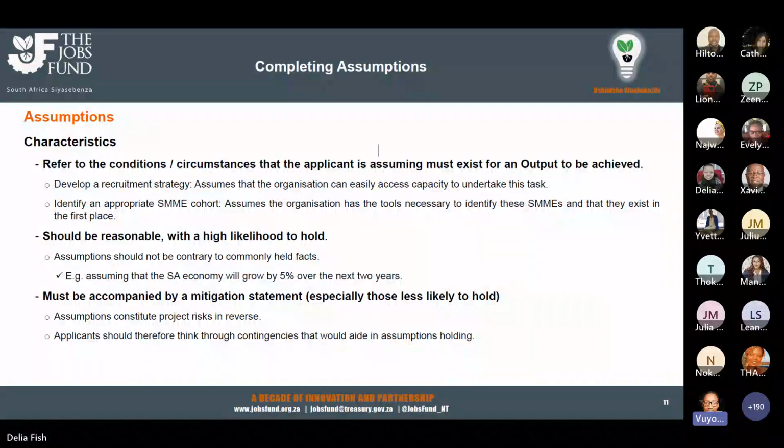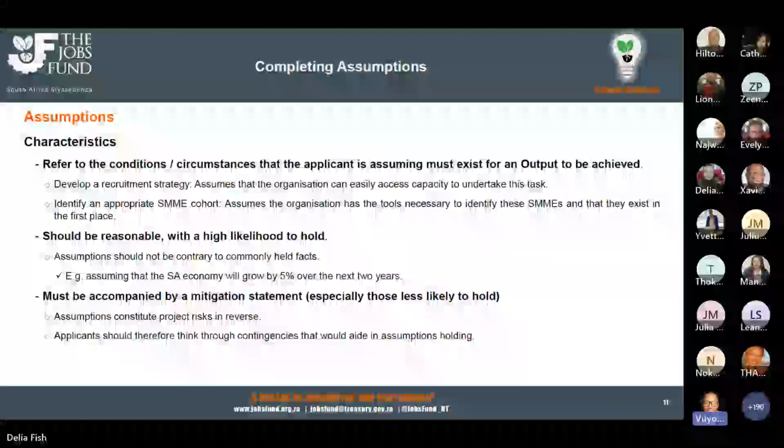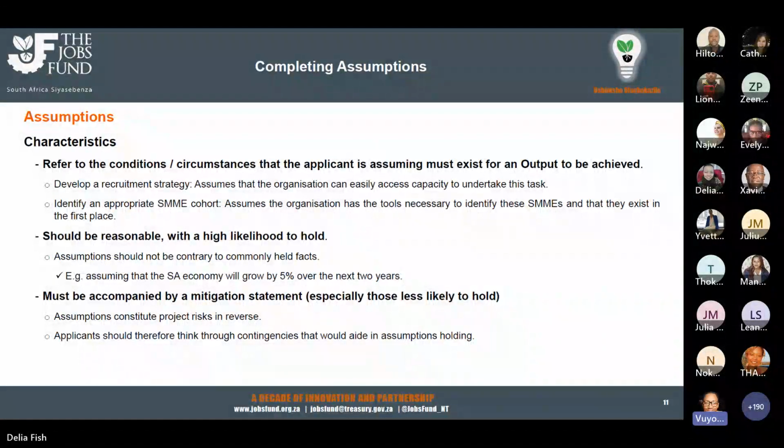And that speaks to the fact that assumptions are actually potential risks for the project in reverse, and we need to see assumptions in that way. We assume that certain conditions will hold for the realization of outputs. But if that assumption does not hold, what then happens?